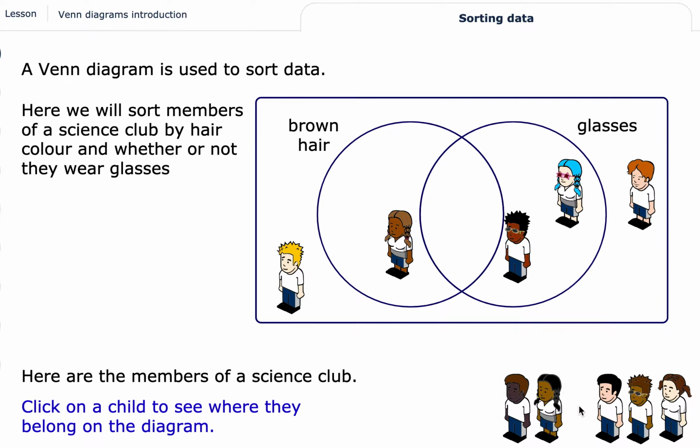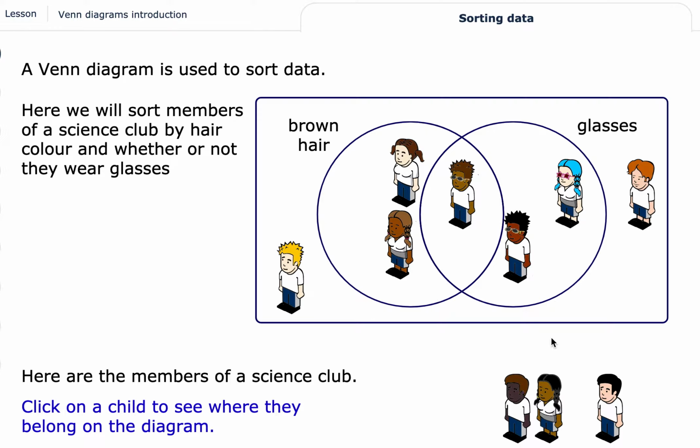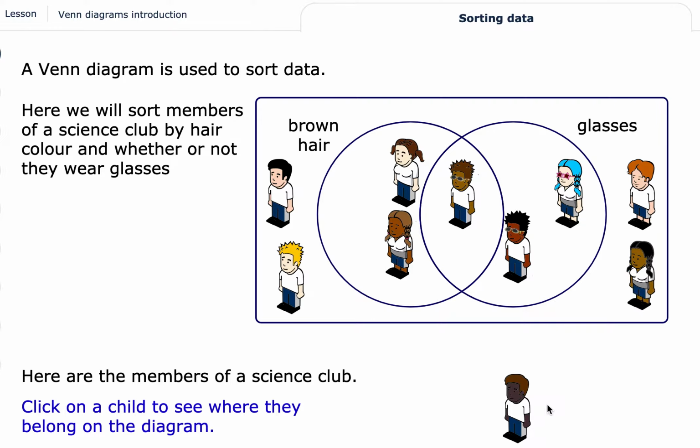This guy wearing glasses too, and this guy wearing glasses too, but also brown hair. And this girl, brown hair but not wearing glasses. Black hair, not wearing glasses. Black hair, no glasses, sorry. And this one, black hair and not wearing glasses.